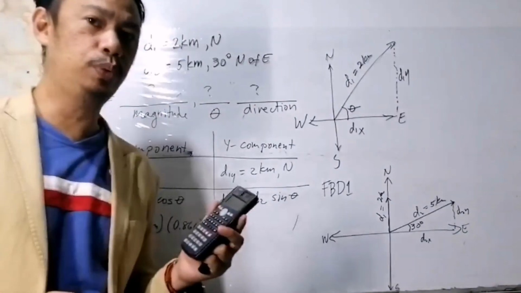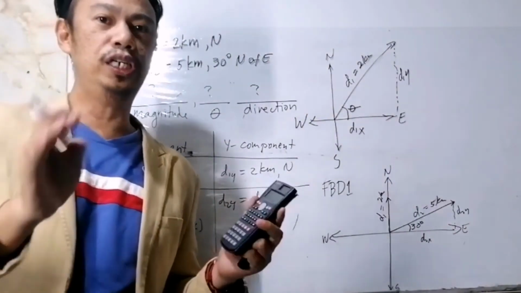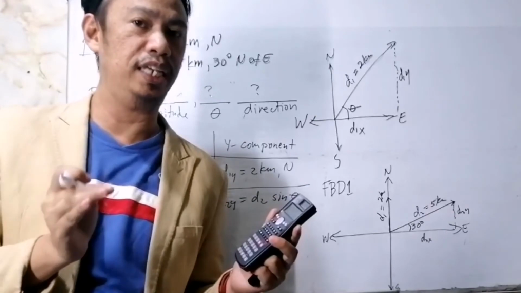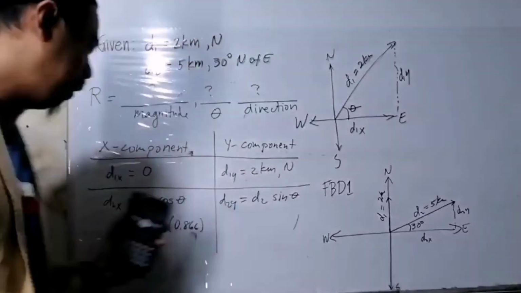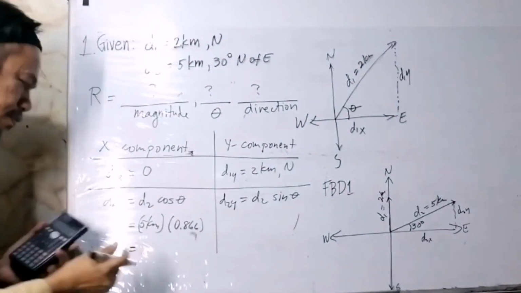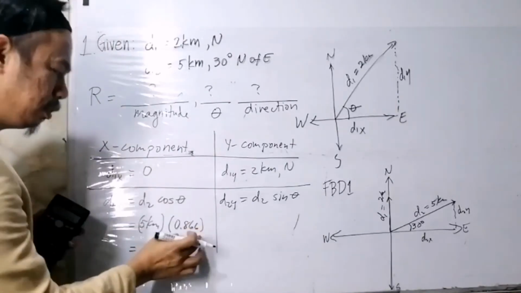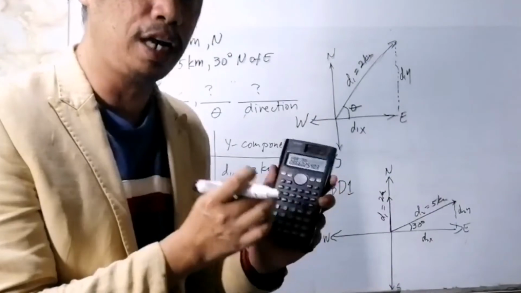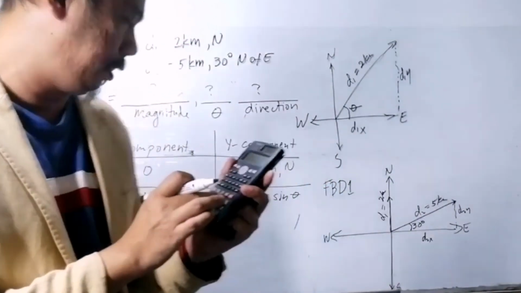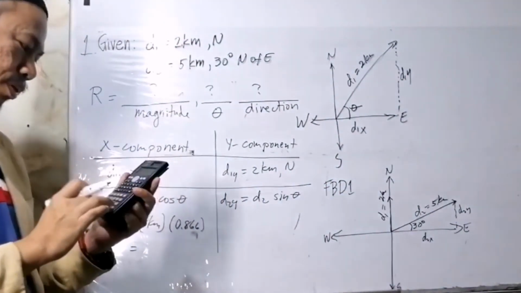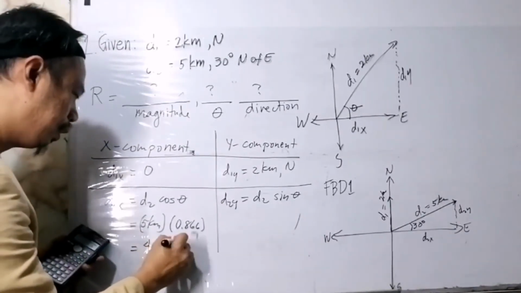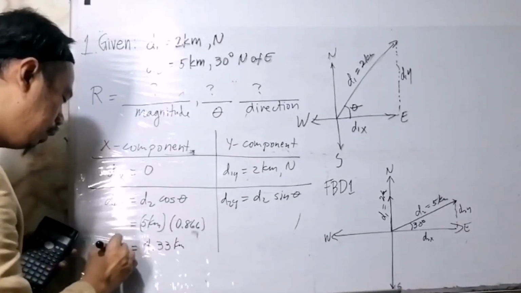By the way, guys, we're going to use 2 digits after the decimal point, except for the 30 degrees. Okay? And 60 degrees. Okay? So, we multiply. So, 0.866, the one that you get from your calculator, you multiply it by 5. So, what we have, 4.33 kilometers.